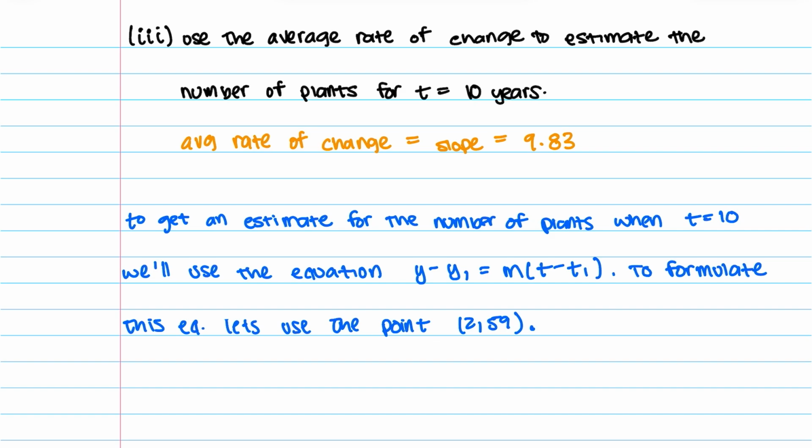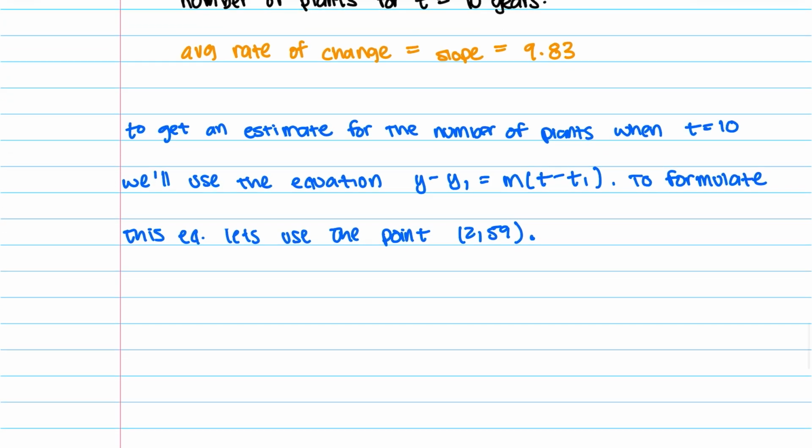And so by using these data values, our equation becomes y minus y1, which is 59, is equal to m, the slope, which was calculated to be 9.83, times t minus t1, which in our case is 2. Now, by setting up this equation, let's write this expression in terms of y. And so we'll have y minus 59.